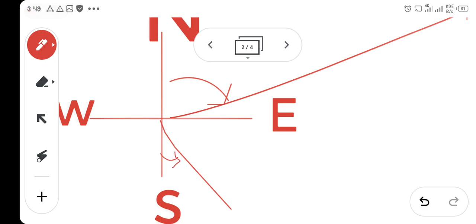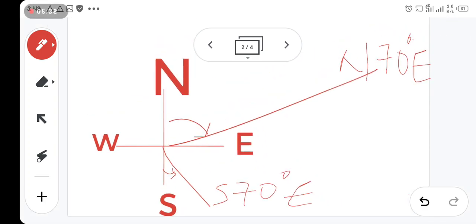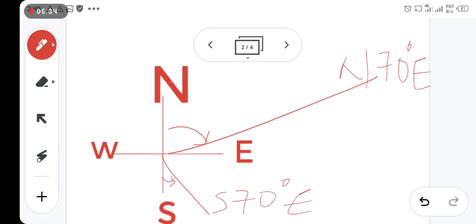Now if I want to draw a bearing of south 80 degree west, the same thing.